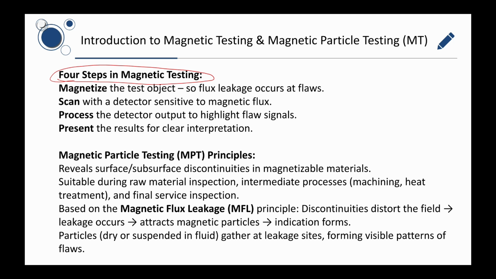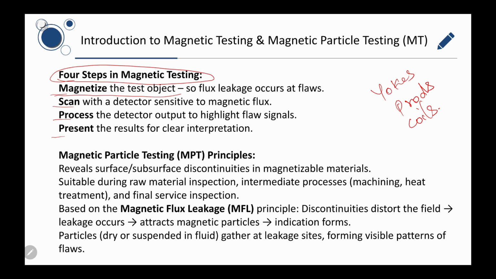Magnetic testing can be broken down into the 4 main steps. First one, magnetize the test object. The first and most important step is to induce a magnetic field in the component. This can be done using direct current technique or alternating current technique or yokes, prods, coils or central conductors.